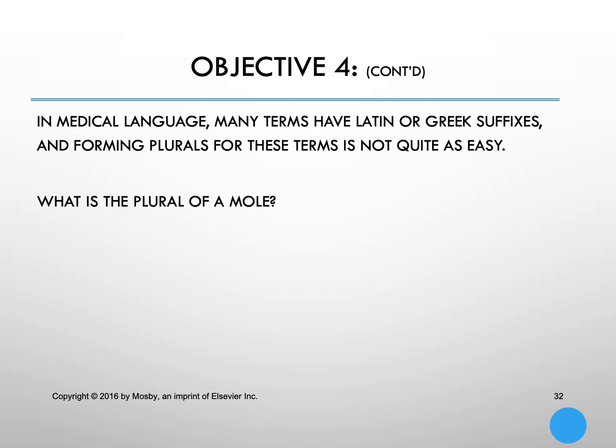Now, we're not talking about the little fuzzy animal that likes to live underground anymore. We're talking about a little blemish on the skin, right? A redundancy on the skin that we would call a mole, all right? So what's the plural of that? Well, I'm glad you asked.